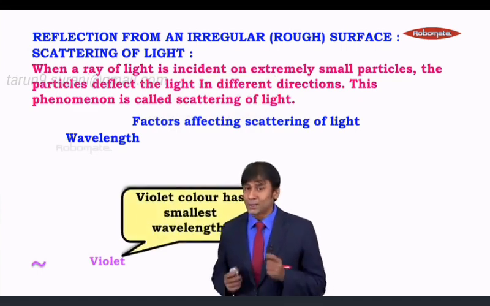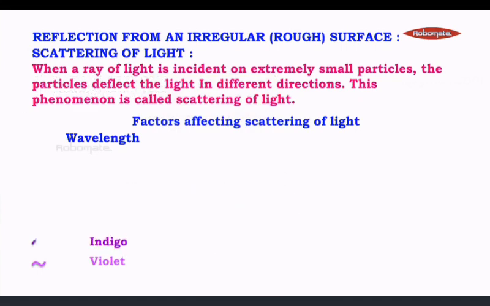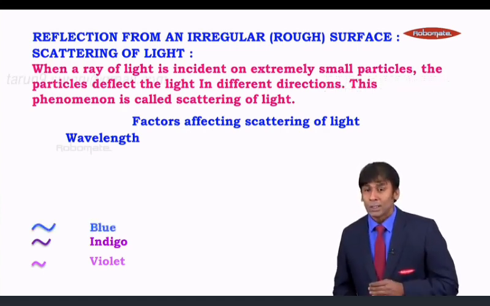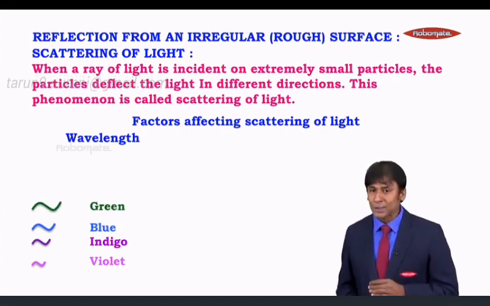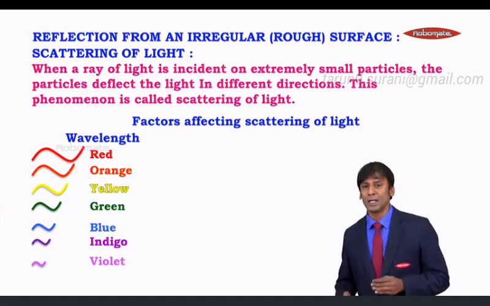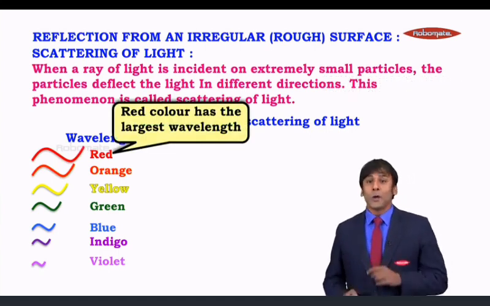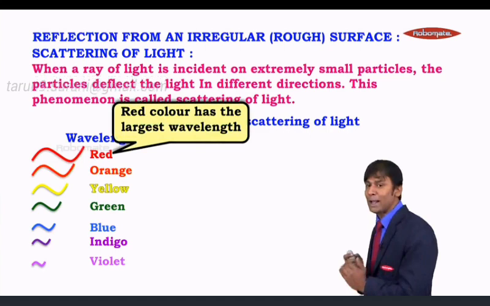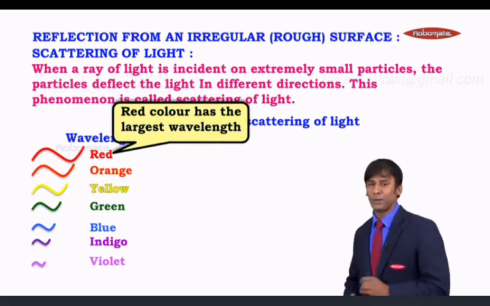So violet color has the smallest wavelength, whereas red color has the highest wavelength. Now in the increasing order, a slightly higher wavelength is indigo, slightly higher is blue, next is green, next is yellow, and next is orange, and lastly we have red. So students, red color has the largest wavelength and violet color has the smallest wavelength.